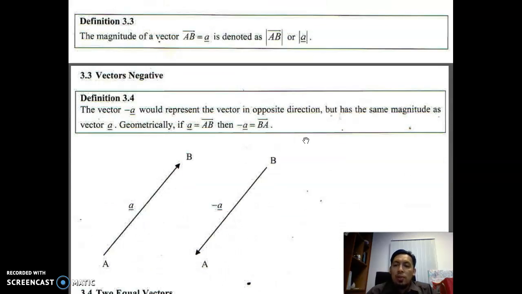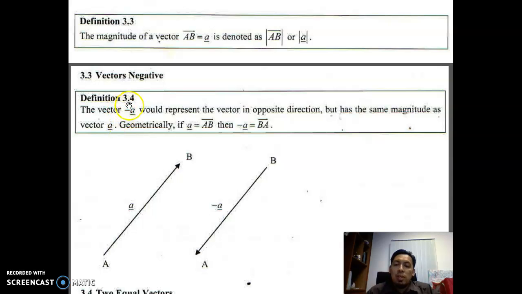Now let's look at the negative of a vector, right? This definition 3.4 wants to tell us what happens when you multiply a vector by a negative. Giving a vector a negative is one way for us to change the vector to the opposite direction.